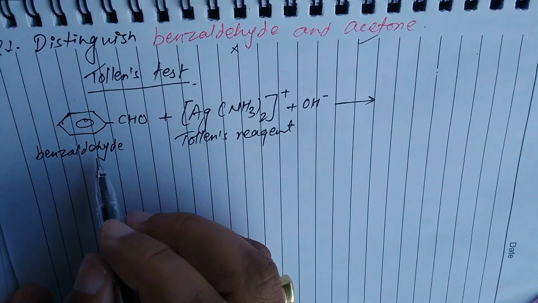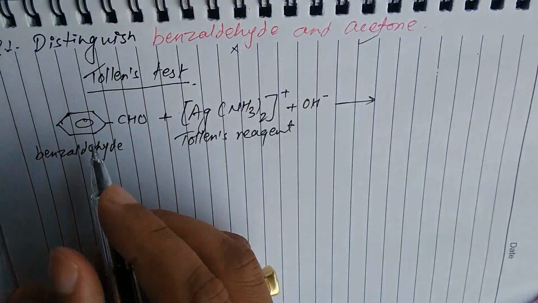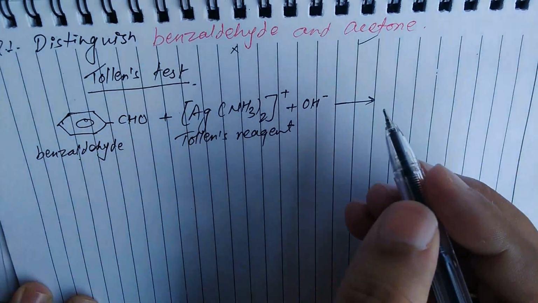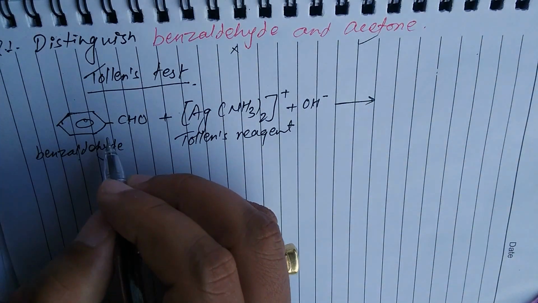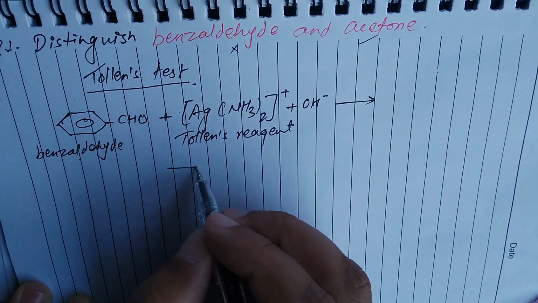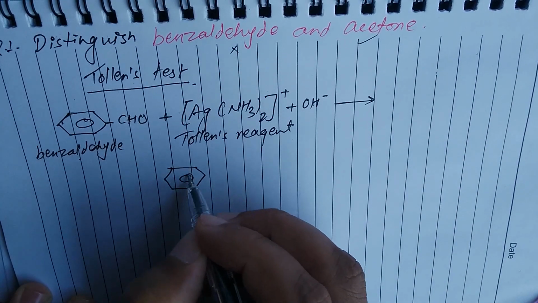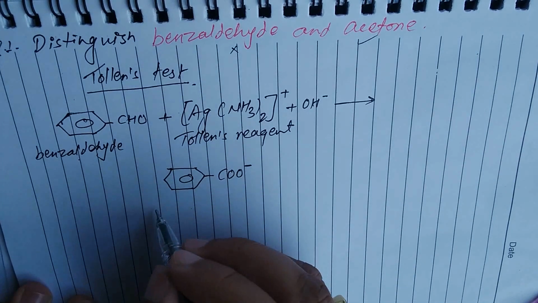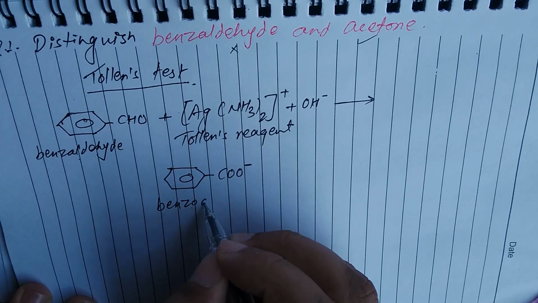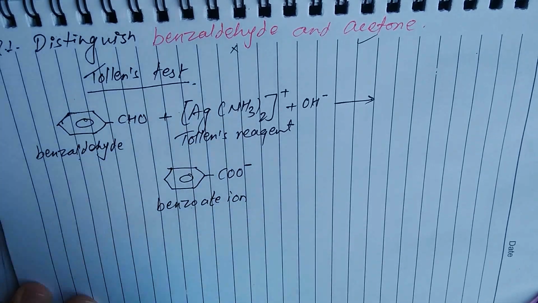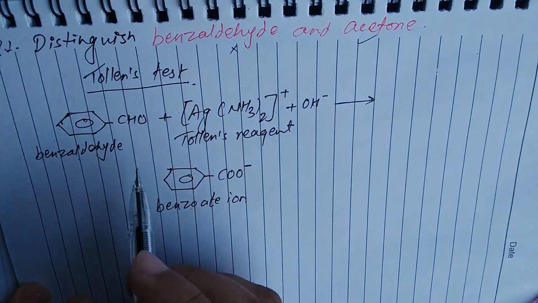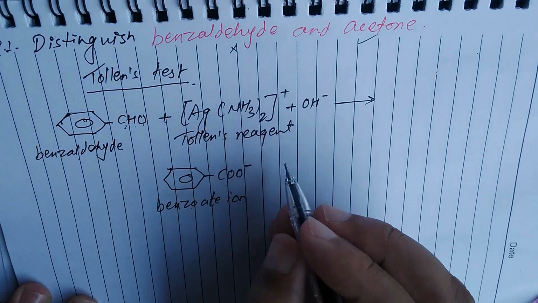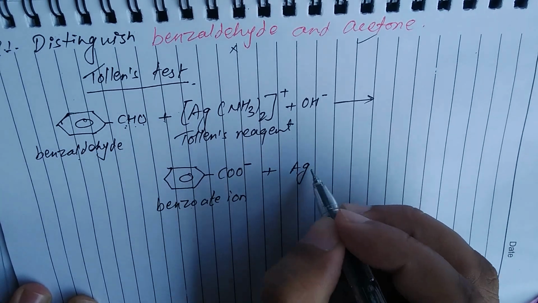This benzaldehyde is oxidized. You know that Tollen's reagent is an oxidizing agent, so benzaldehyde is oxidized. Oxidize means addition of oxygen, aldehyde forms carboxylic acid. So COOH, benzoic acid is formed, but we do not write benzoic acid, we write it in ion form. This is benzoate ion. It is oxidized, plus silver mirror Ag.